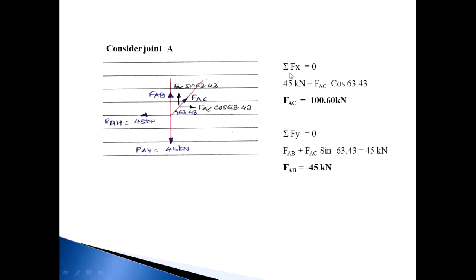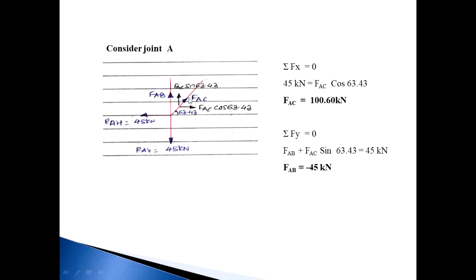So summation Fx is equal to 0. The horizontal forces on the right side are equal to those on the left side. In this system, first of all, that one inclined force, FAC, splits up into two perpendicular components. That X component will be FAC cos 63.43 and the direction of that FAC force is to the right side.